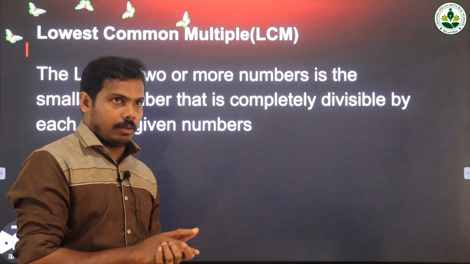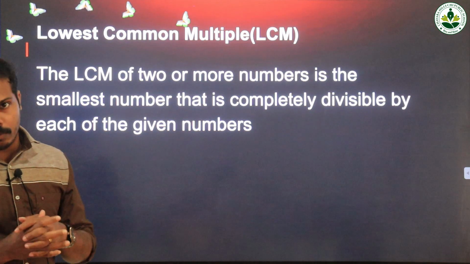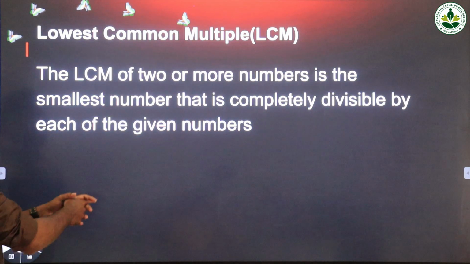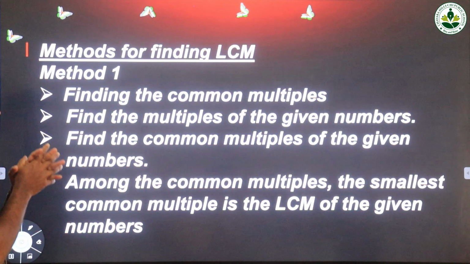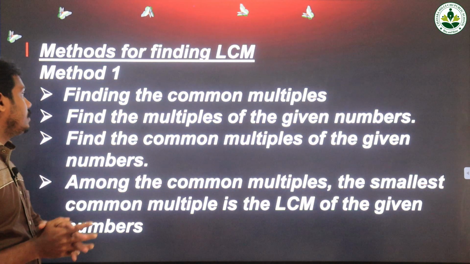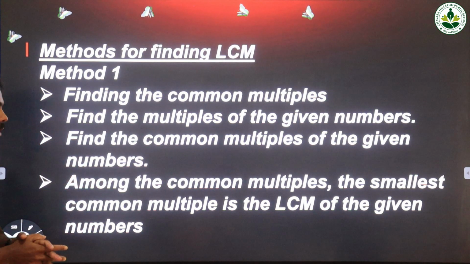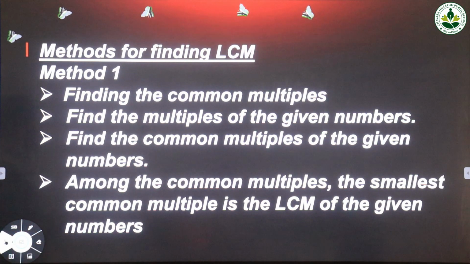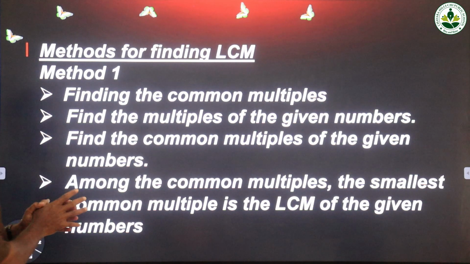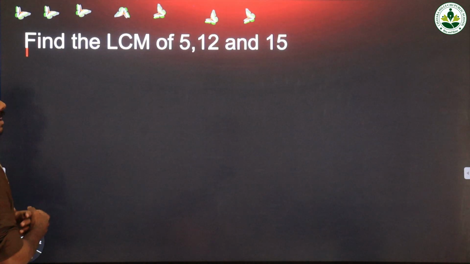From that we take the common multiples. From those common multiples we take the smallest one. That is the first method. Find the multiples of the given numbers, then find the common multiples, then among the common multiples, the smallest is the LCM of the given numbers. For smaller numbers, this method is simple.